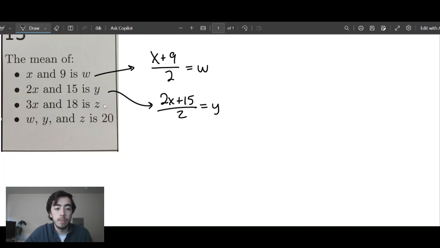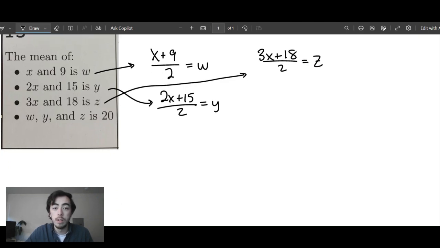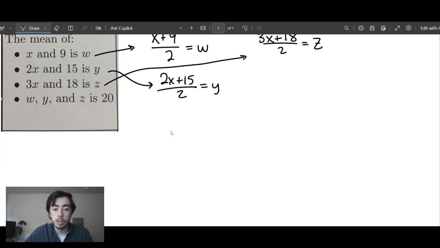And then we have this third bit of information, that the mean of 3x and 18 is z. So add them both up, divide by 2, we get z. And then the mean of w, y, and z is 20. So w plus y plus z, this time divided by 3, is equal to 20.